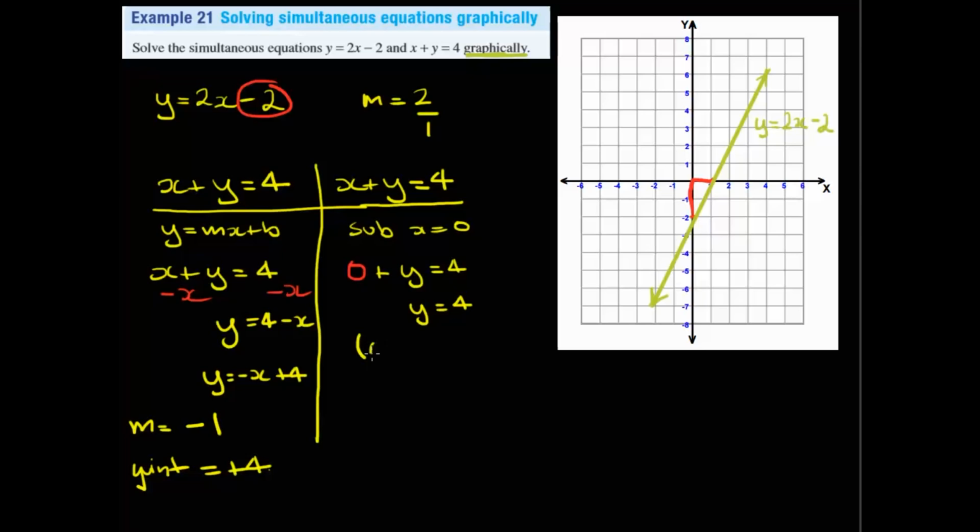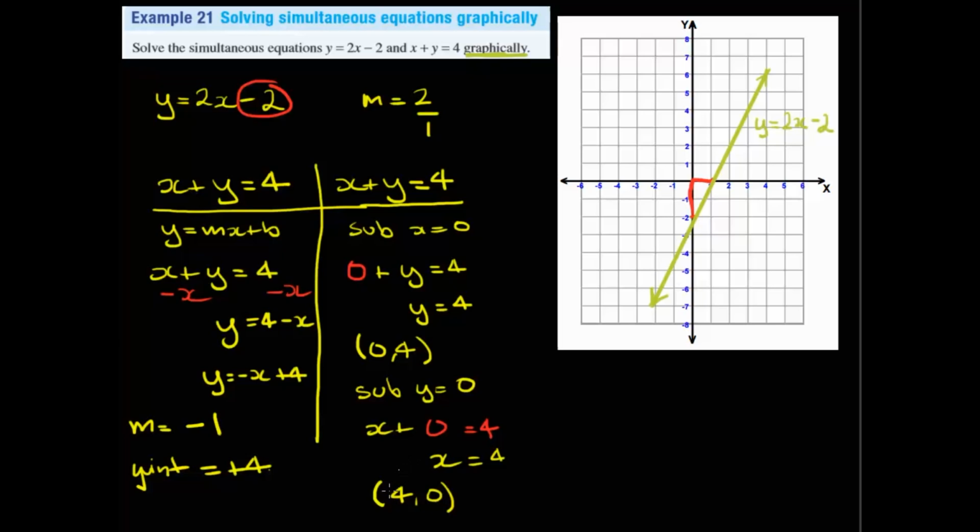The intercept will be 0, 4, which is the y-intercept, and then we can find our x-intercept by substituting y equals 0 into that equation, so we end up with x plus 0 equals 4, and when we simplify that we get x equals 4. So when y equals 0, x equals 4, and that's our x-intercept, so that would be 4, 0.